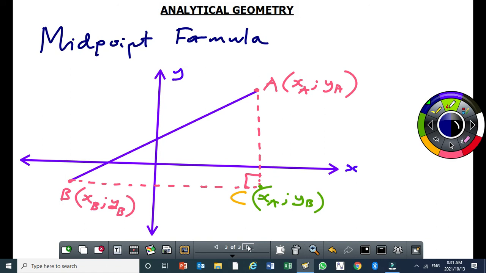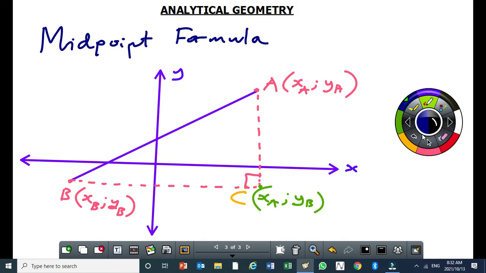Now, this is quite interesting because I'm taking you back to the foundation of the formula. Okay, let's say I want to find the midpoint of this line segment here. Let me maybe say the midpoint is somewhere here. This is very interesting.